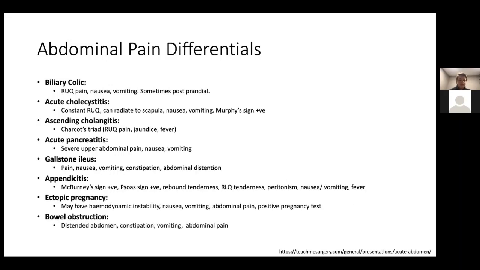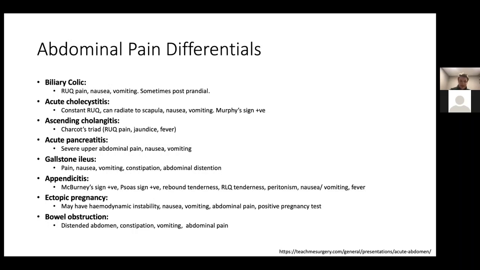Like we talked about, the top 3 are gallstone-related: acute pancreatitis, with severe upper abdominal pain, nausea, vomiting. You can have a gallstone ileus, which is obstruction caused by a gallstone, so you have symptoms of bowel obstruction: nausea, vomiting, constipation, abdominal distension. Appendicitis, where pressing in the left lower quadrant can cause pain at McBurney's point, with rebound tenderness, nausea, vomiting.